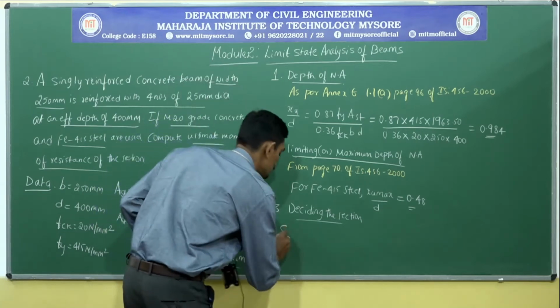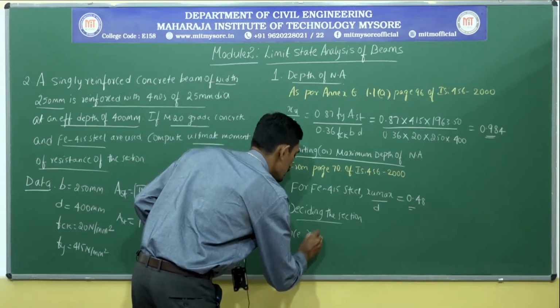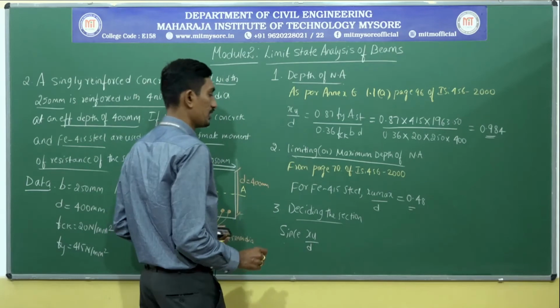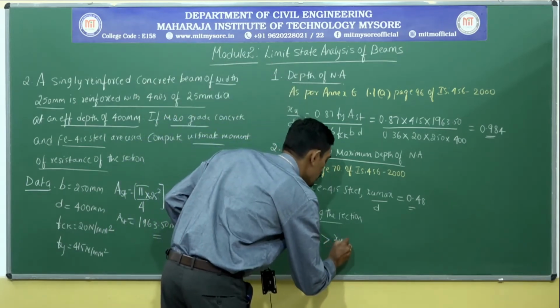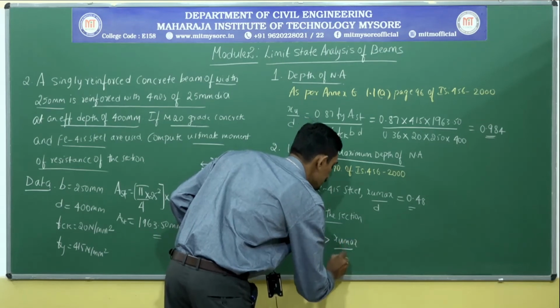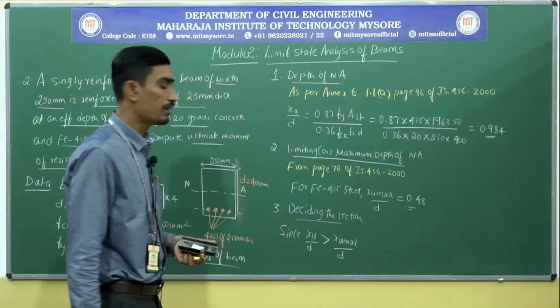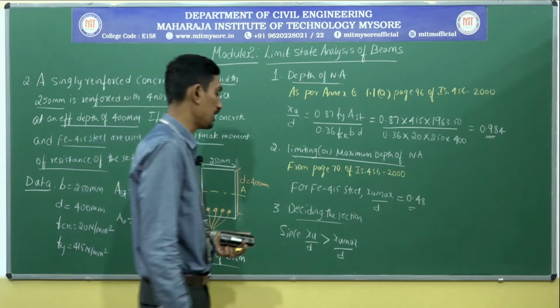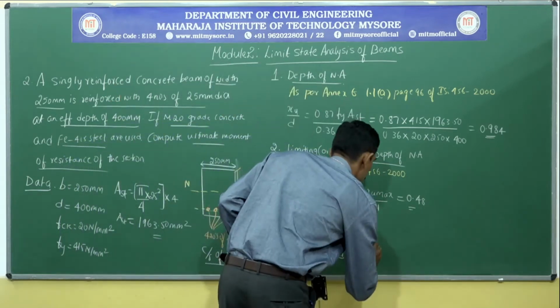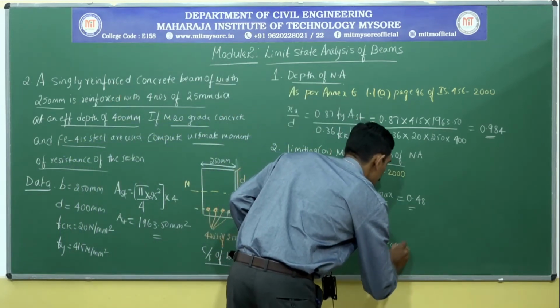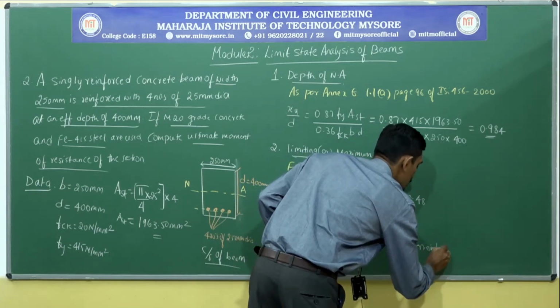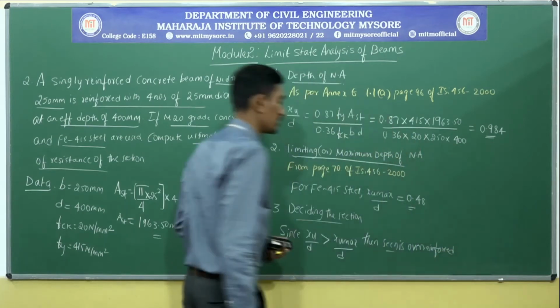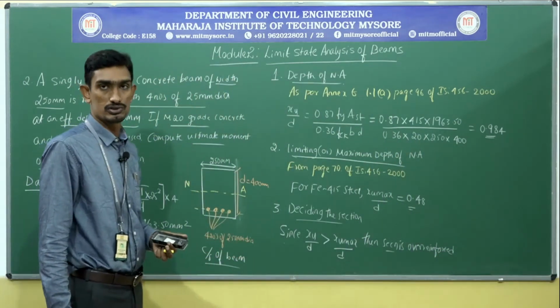Since XU by D is greater than XU max by D, the section is over reinforced.